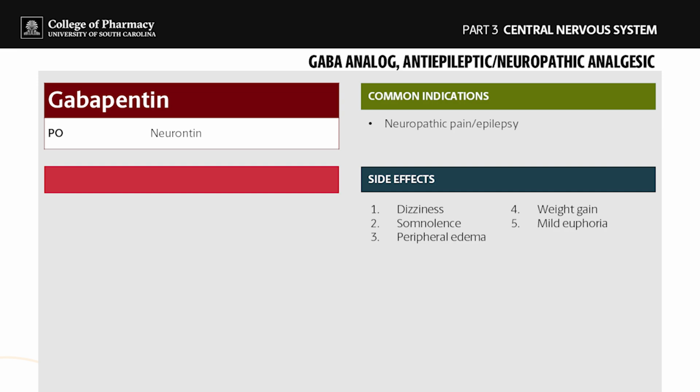The really cool thing about this drug is it was indicated for epilepsy a long time ago, but then they started realizing it was helping neuropathic pain. Neuropathic pain, Neurontin. Yes, that's really good. So that's what they use it for a lot now. I don't see it as much for epilepsy now, but they do use it quite a bit for the neuropathy relief. Some of the side effects are dizziness, somnolence, peripheral edema, weight gain, and mild euphoria. This drug is not controlled.